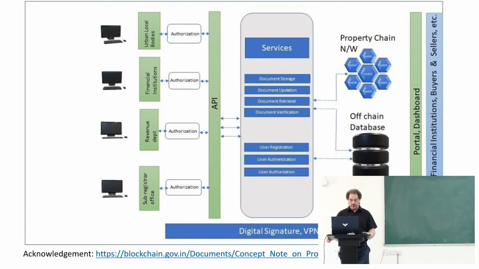And then there is an API towards individual users, and of course all users need to be authenticated and authorized in order to use it. Some of the users would be financial institutions, and some would be the revenue department, and so on. And of course, the whole architecture makes heavy use of digital signatures and also network protection technologies.